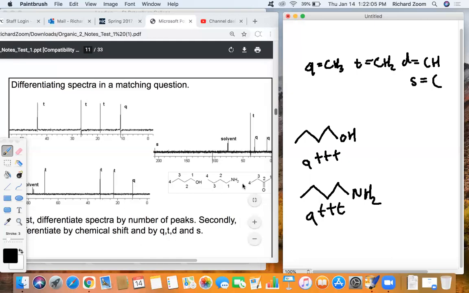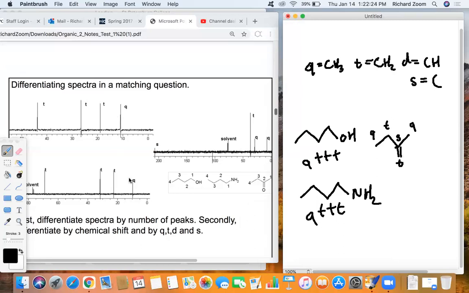Okay, now the other one would be 2 Qs, a T, and an S. I'll write them on here. Q, T, Q, and S. And you can see which one that would be from here because these two here have 1 Q and 3 T's. This one has 2 Qs, a T, and an S, so that must be the one I'm pointing at here.